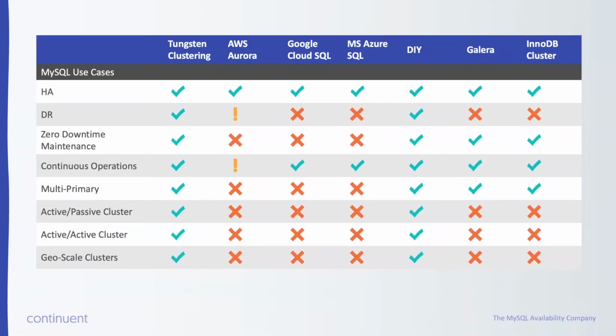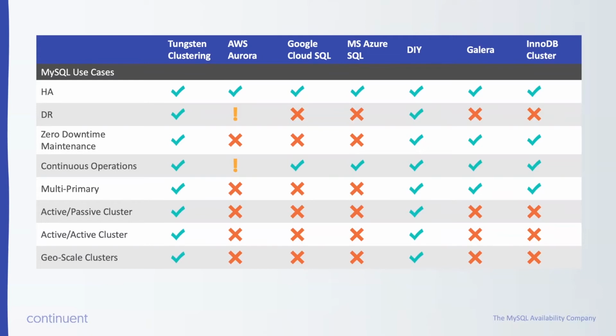And then lastly, what we'll be looking at are the various use cases. So we see right here, we can have a quick look. We have pretty good support for HA. Each product handles it a little differently, some better than others. And we'll look at how they handle HA. DR, or disaster recovery, not everyone supports that, but it might be something that you need.